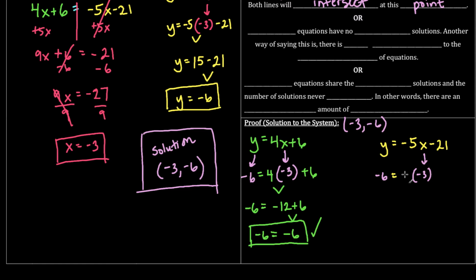So negative 6 should equal negative 5 times negative 3 minus 21. A negative times a negative is a positive, and 15 minus 21 is negative 6, which is what we're supposed to get, because negative 6 equals negative 6. Cool. Let's go to the next page.